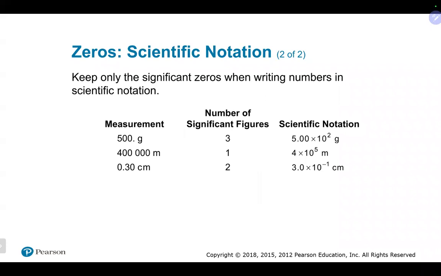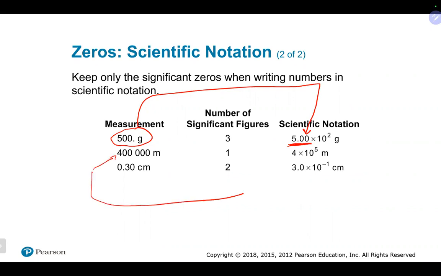In each of these cases, we now have our 3 significant figures, because there now is a decimal. And because that has 3 significant figures, once again, in scientific notation, it is recognized as having 3 significant figures. This has our 1 significant figure, which is why when we go into scientific notation, we pretty much drop all those zeros, because if we included them, they would all then become significant.